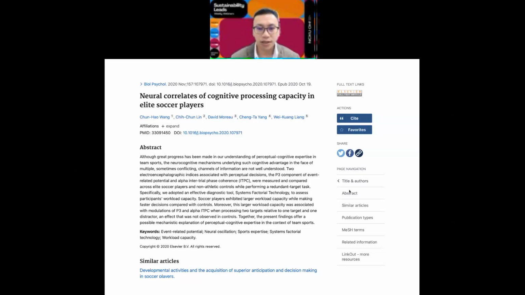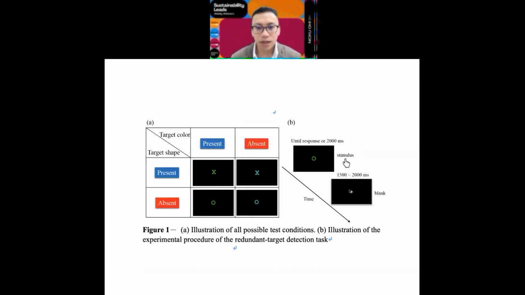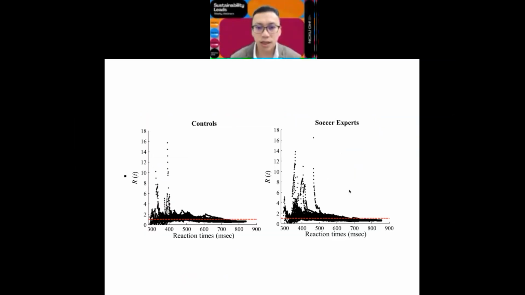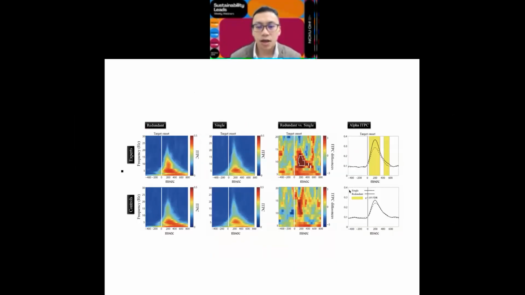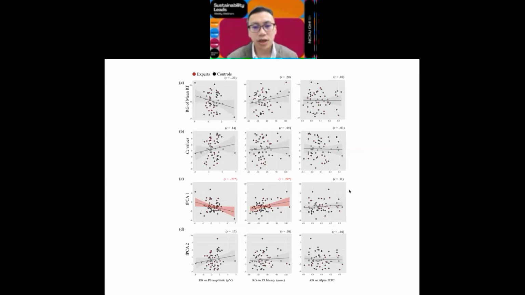information processing differences. So we use the SFT double factorial design to do a study, and we assess the capacity, and we can see that the motor experts, especially the soccer experts, have larger capacity than the control participants. And we did the EEG and ERP recordings, and we found this kind of difference can be reflected by the P3 amplitude and latency, which means that we found a neural correlate of the capacity differences.